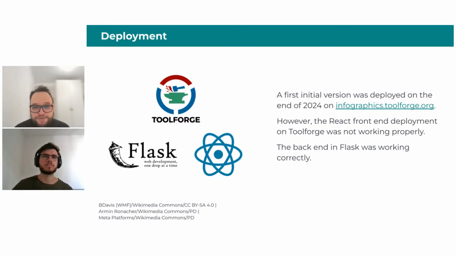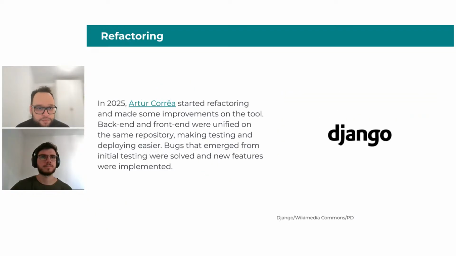So the backend was Flask because we didn't need heavy database interaction. So we just did a Flask backend to manage a few features that we were imagining for this tool. Then in 2025, we got Artur from the Quick Statements project that he was developing at the time with Miguel Galvez.